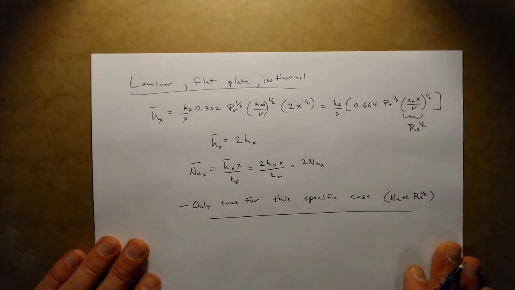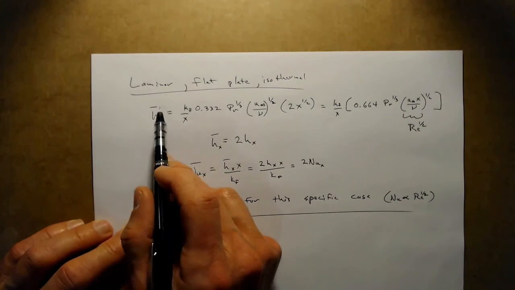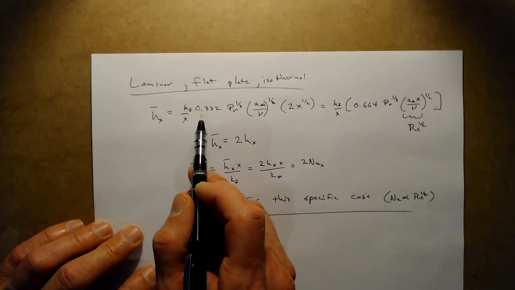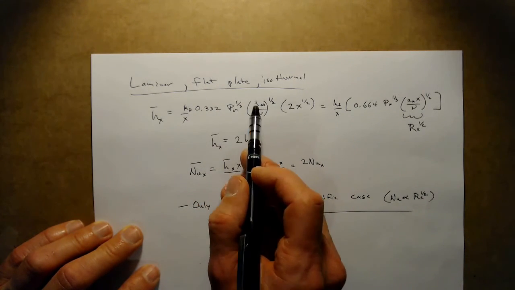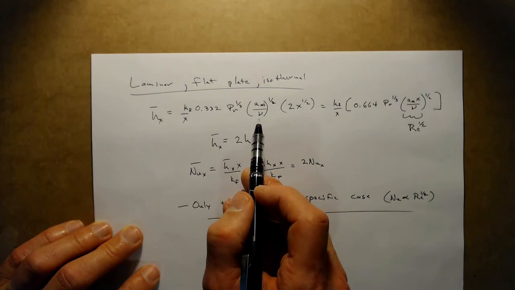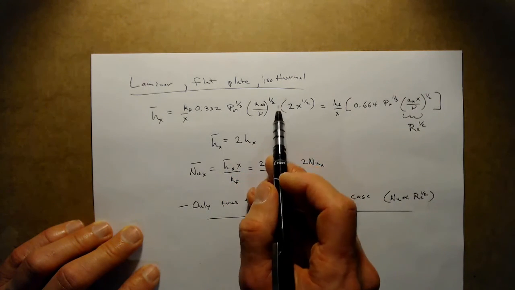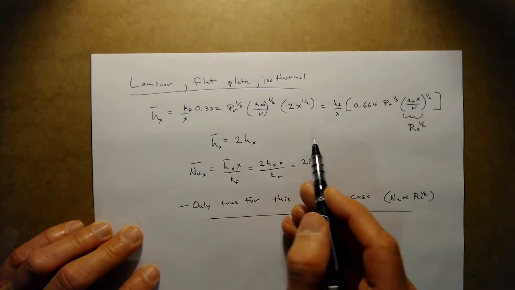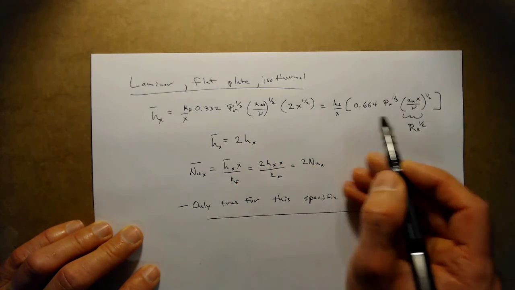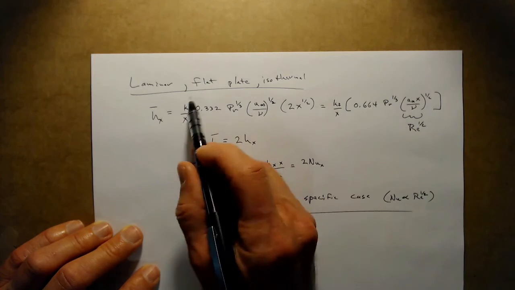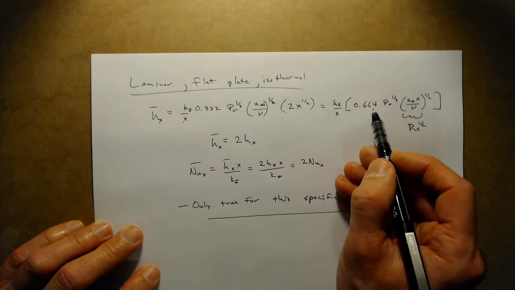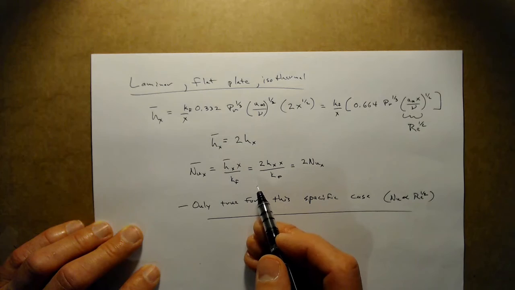So if we reorganize that a little bit, we get that h bar is kf over x times this coefficient, Prandtl to the 1/3, ratio of velocity to kinematic viscosity to the 1/2 times 2x to the 1/2. Or if we group these back together, we get again the Reynolds number to the 1/2, and we just pull a factor of 2 out, and our prefactor becomes twice as large.